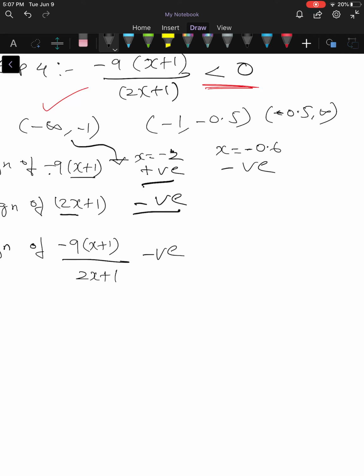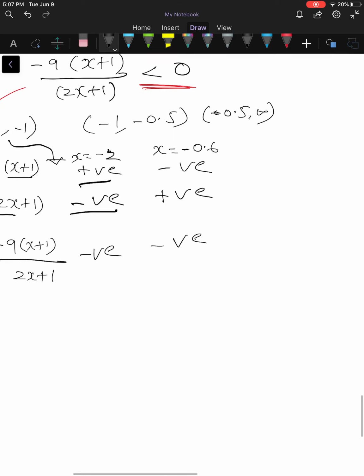And 2 times negative 0.6 is negative 1.2, and plus 1 would give me negative, so the denominator is negative. Then dividing the signs, you get a positive value.